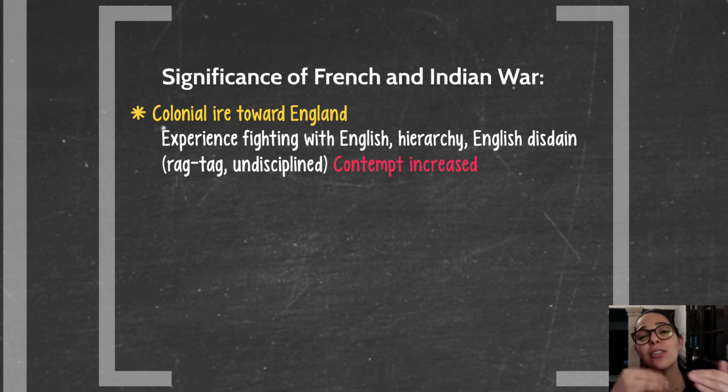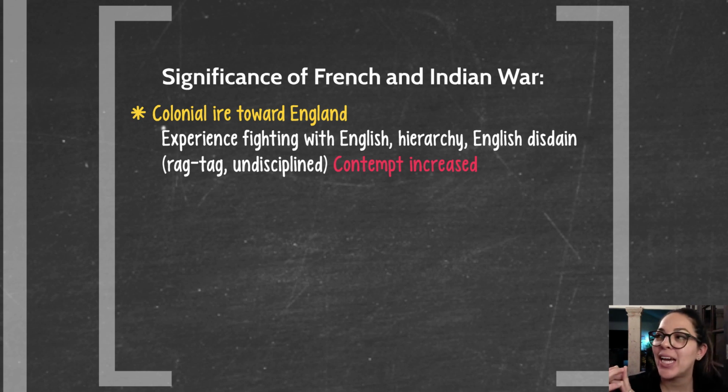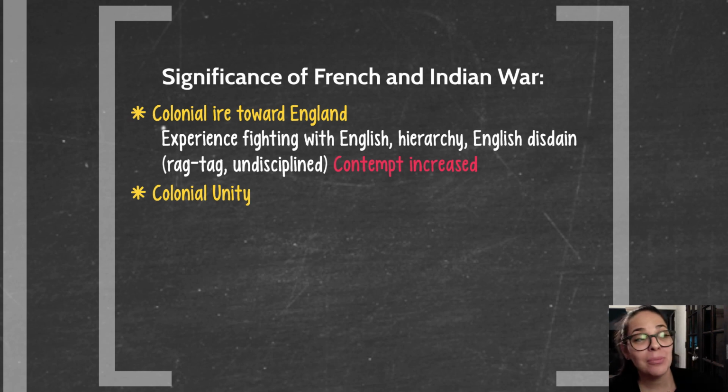And so this creates a lot of contempt, a lot of resentment between the colonists and the British people that come over here. Because like I said, they don't treat them well, they're disrespectful, they're condescending. Yeah, so that's kind of like the irony there.